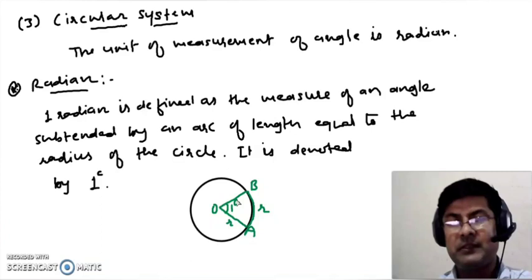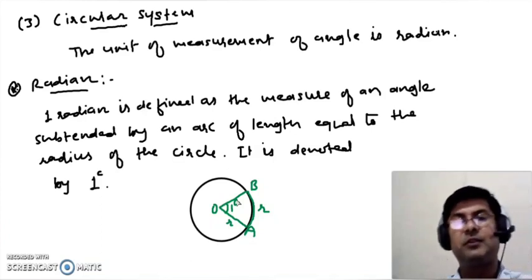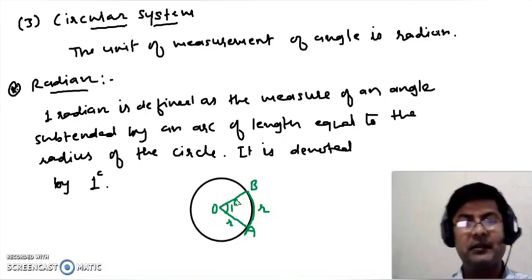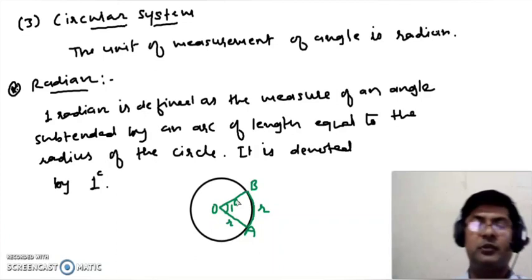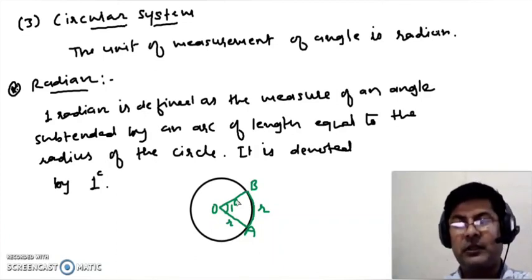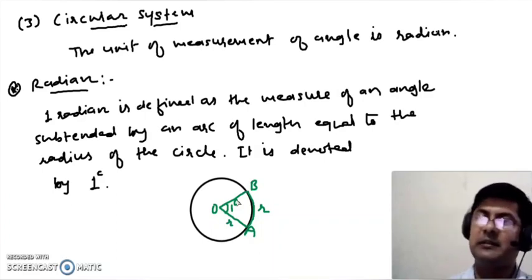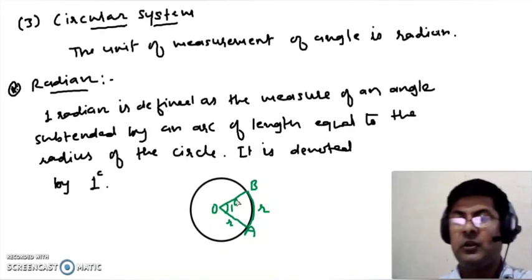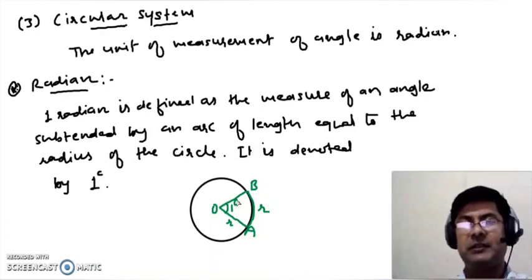Further, we will establish the relation between the 3 different units of measurement of angle, that is degree measure, grade measure, and radian measure. So all these things. Okay, certain part for explanation is yet left.